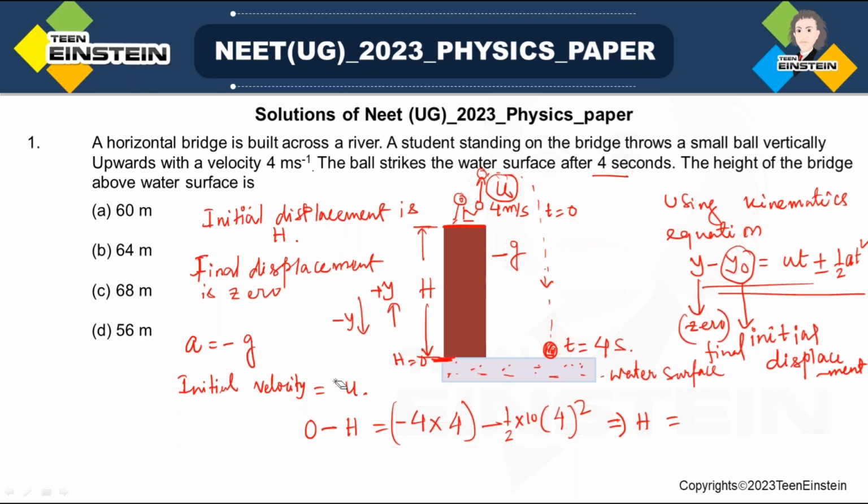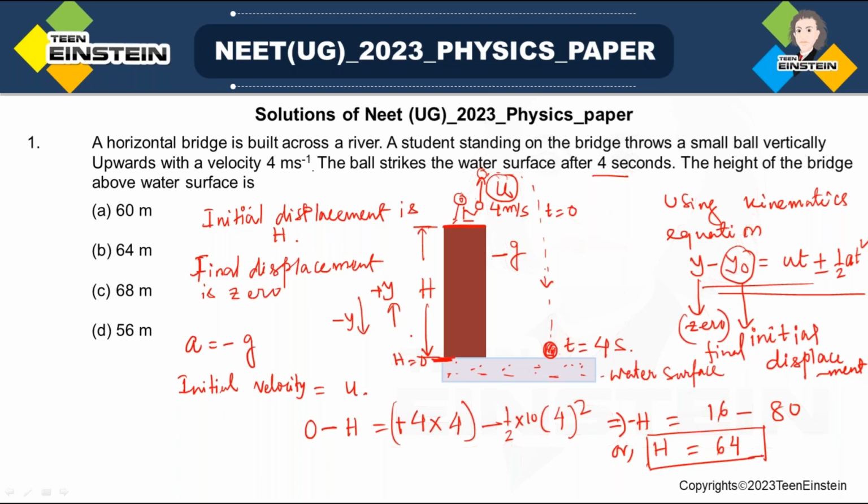Only acceleration will be taken as negative. This will be positive alone, because the motion is given in the upward direction. Let us be happy with the speed u itself. Then it is 16, and here there will be a minus sign: 16 minus 80, which can be simplified as 64.